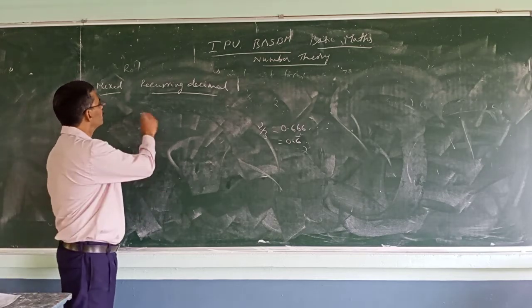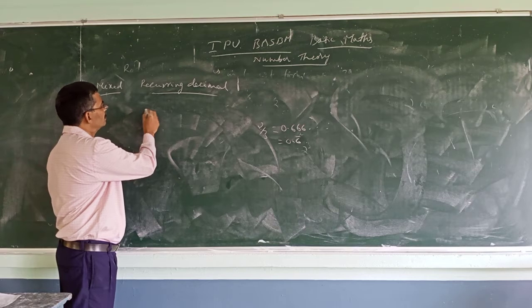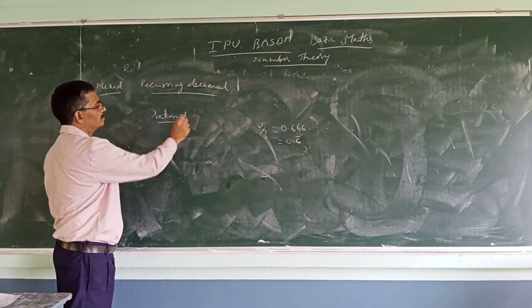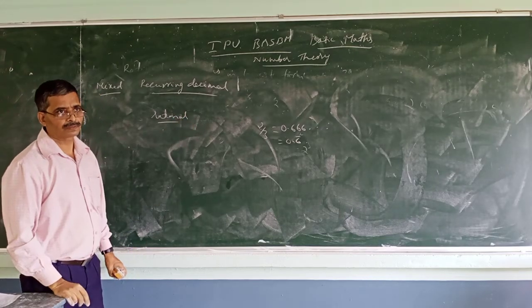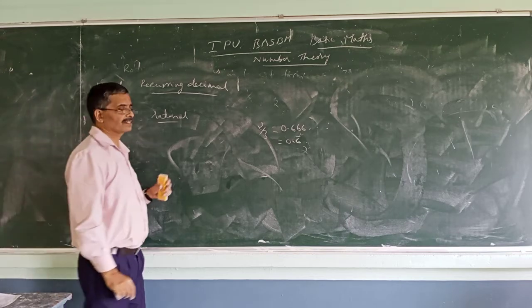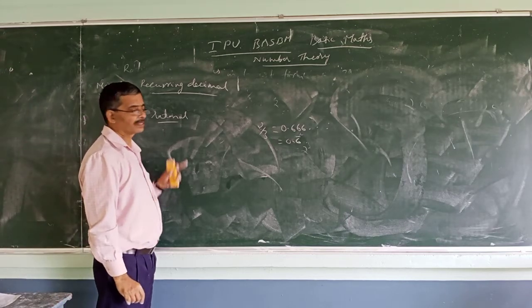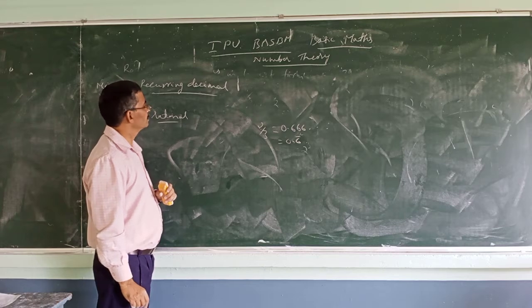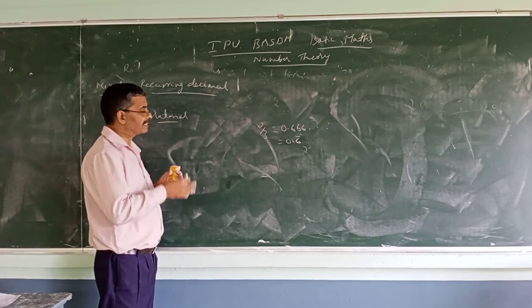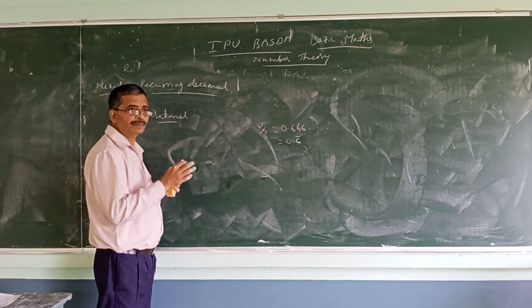Now one important point you have to note down is, if you take any rational number, either it terminates in decimal form or it recurs. The digits are repeated.